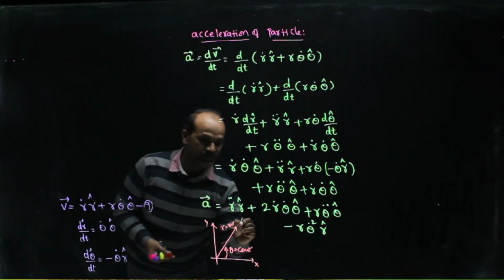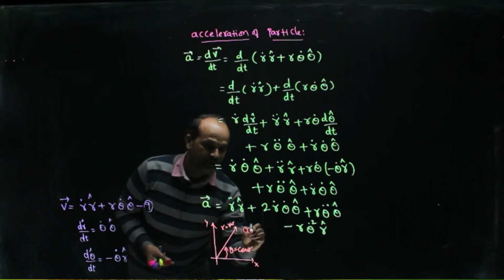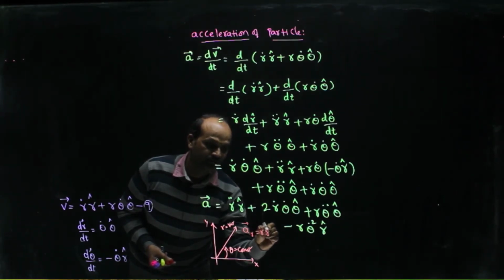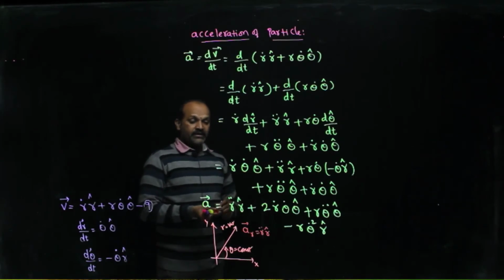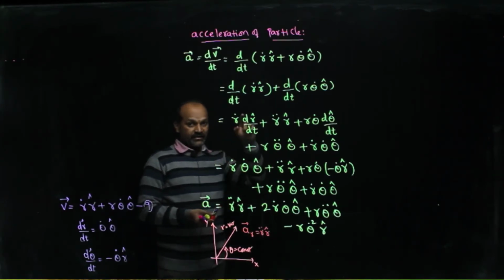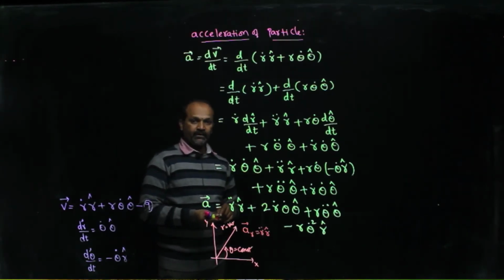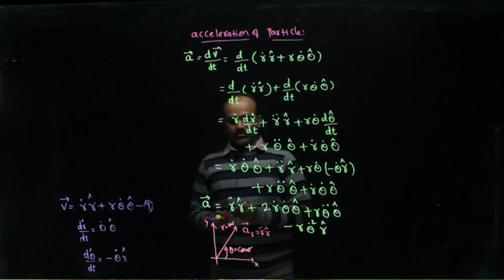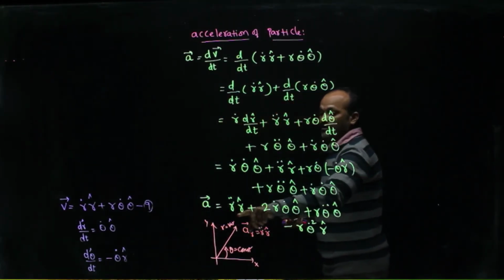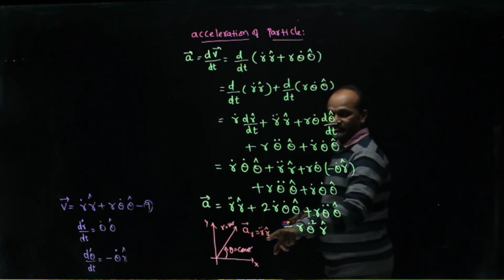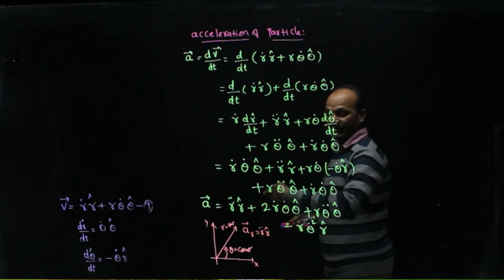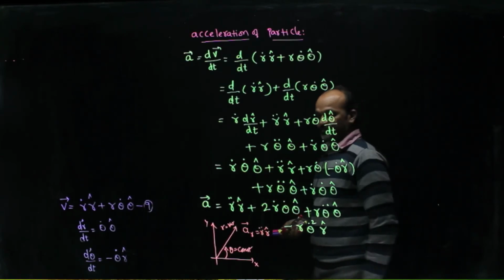Remaining is what? In this case, a r is equal to r double dot r cap. This is called linear acceleration in the radial direction. Clear? So the first term, r double dot r cap, represents linear acceleration of the particle in the radial direction.